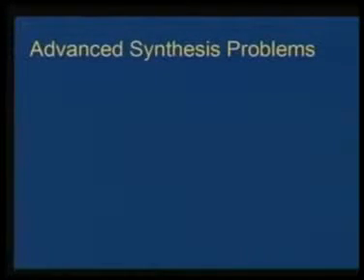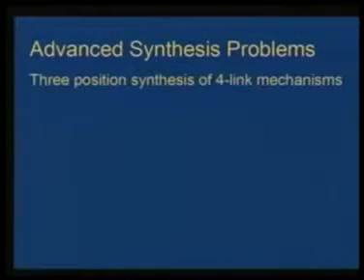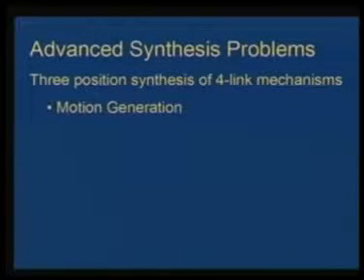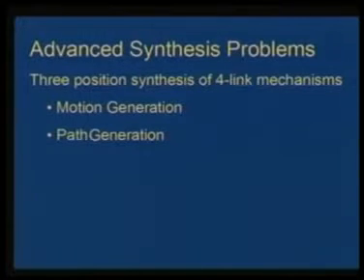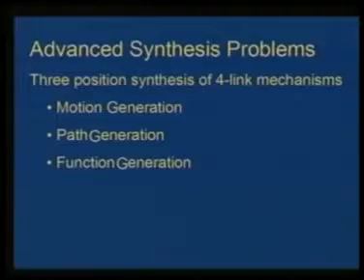In this module, we will start our discussion with some advanced problems of dimensional synthesis. We have already discussed three-position synthesis of four-link mechanisms, namely for motion generation, path generation, and function generation.